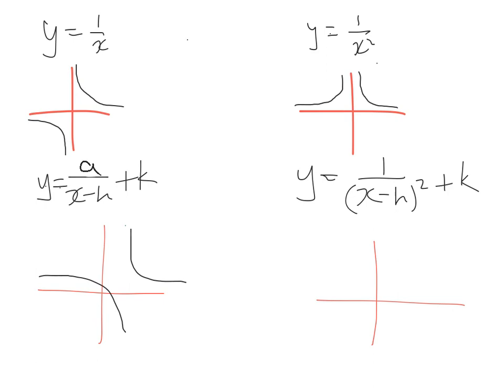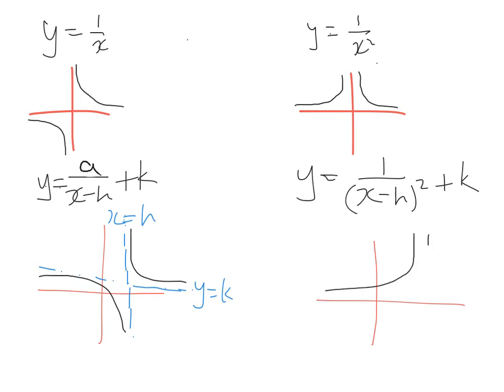And we had an asymptote here at x equals h, and also another one at y equals k. So same thing can happen here with the truncus. We graph it.